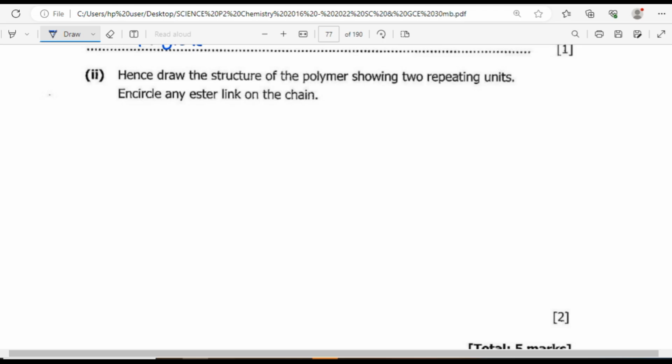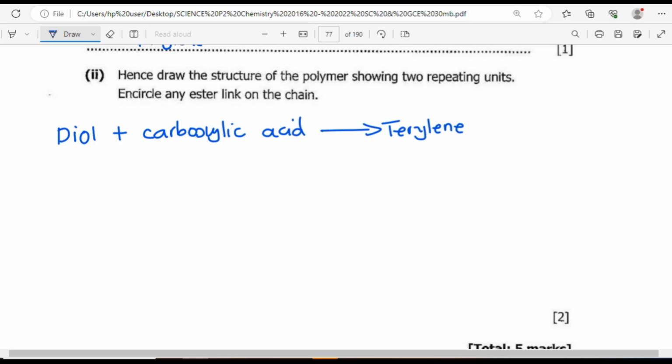Terylene can be formed by an alcohol, or maybe you can just say a diol, plus carboxylic acid. Carboxylic acid will give us the terylene plus water.